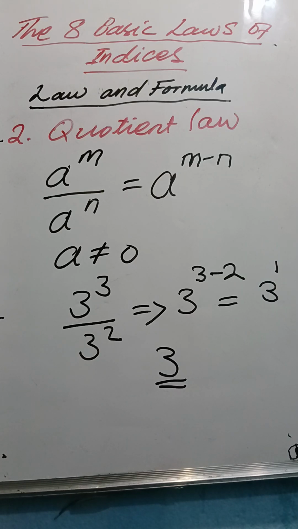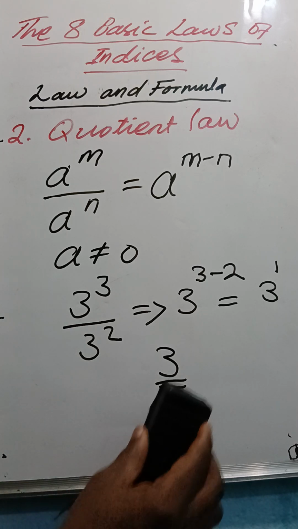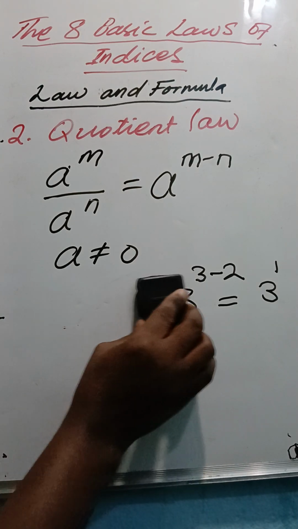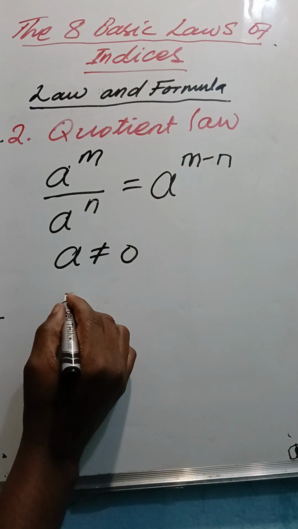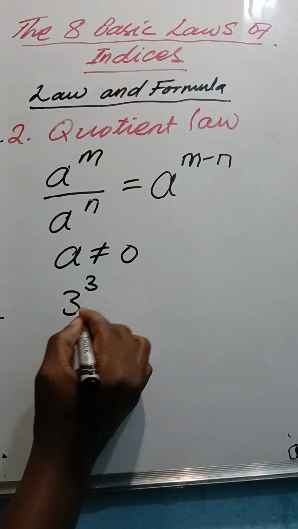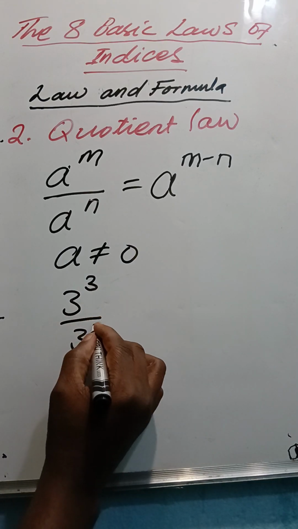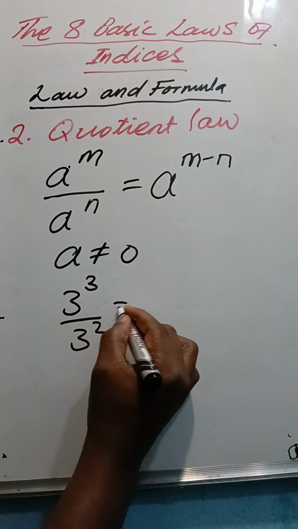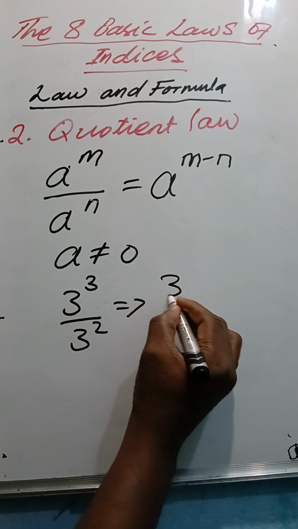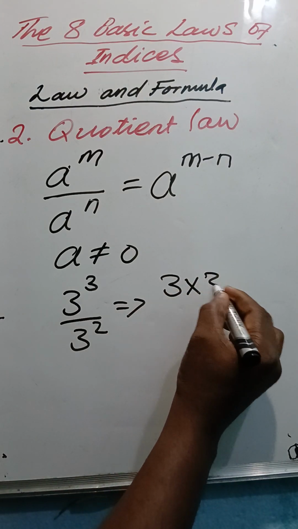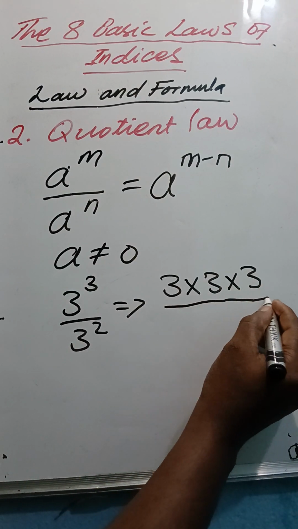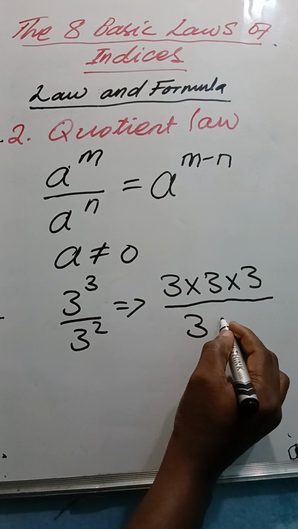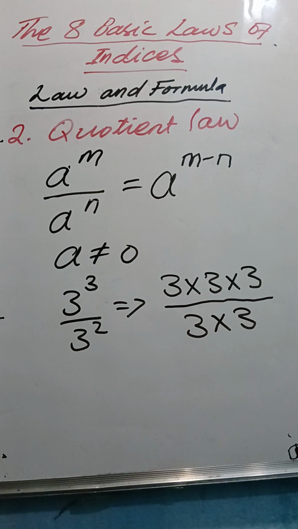So in other ways, I'll prove to you how this occurs. So we have 3 to the power 3 divided by 3 to the power 2. So this implies 3 times 3 times 3, okay, divided by 3 times 3, okay?